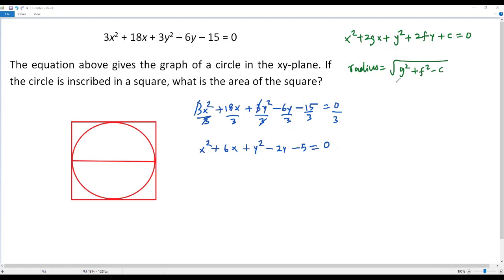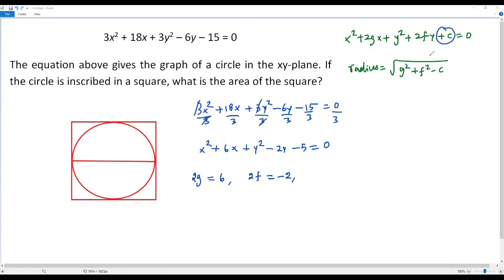Now our aim is to get the values of g, f, and c. To get g, we consider the coefficient of x. In the general equation, the coefficient of x is 2g, and here the coefficient of x is 6. So 2g and 6 must be equal. The coefficient of y is 2f, and here it is -2.